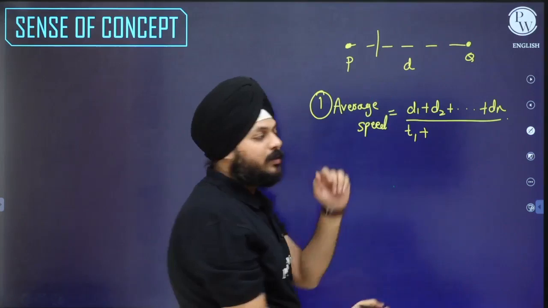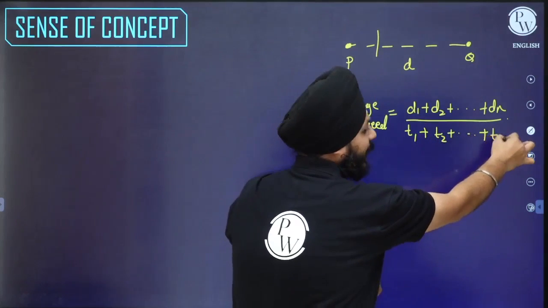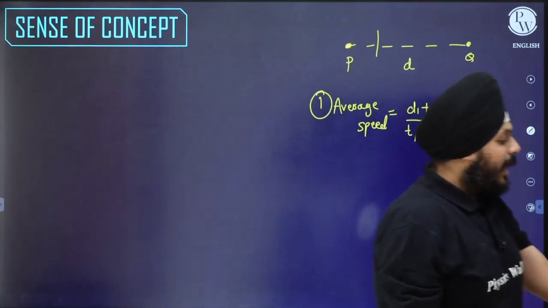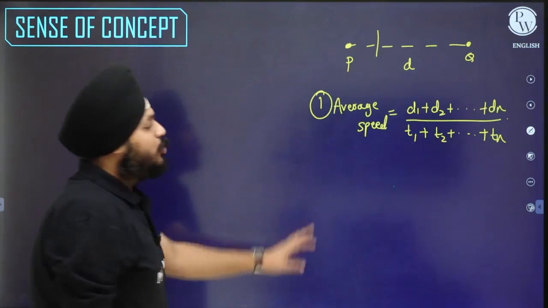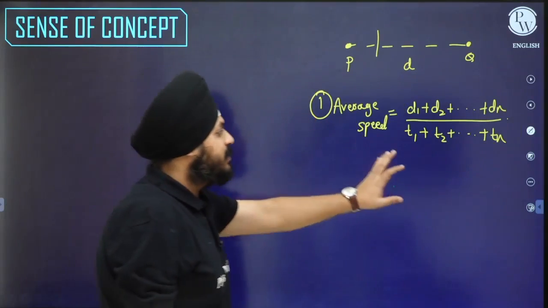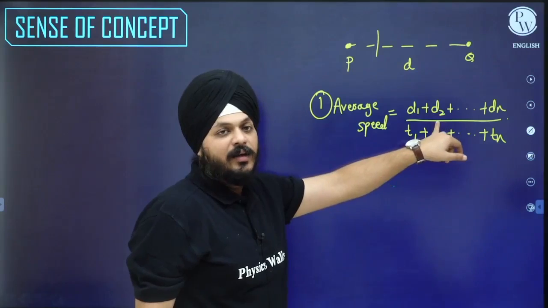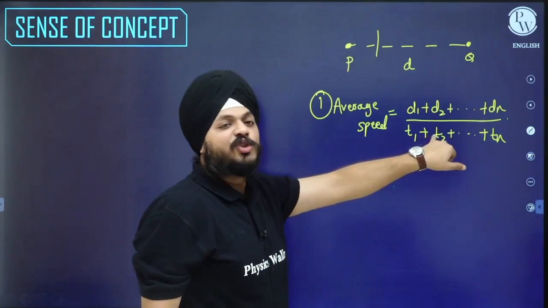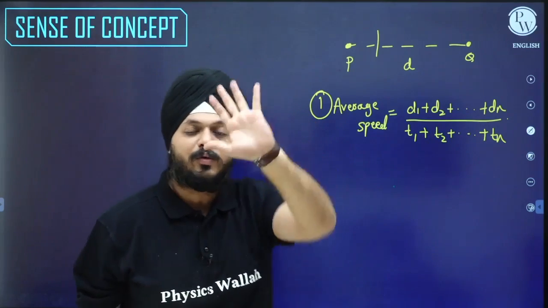For D2, the time taken is T2. Similarly, for Dn, the time taken is Tn. This is the simple formula. Now in this, if D is not given, you can replace the numerator with Vt. If T is not given, you can replace the denominator with D by V. Whatever you want to do, you can.